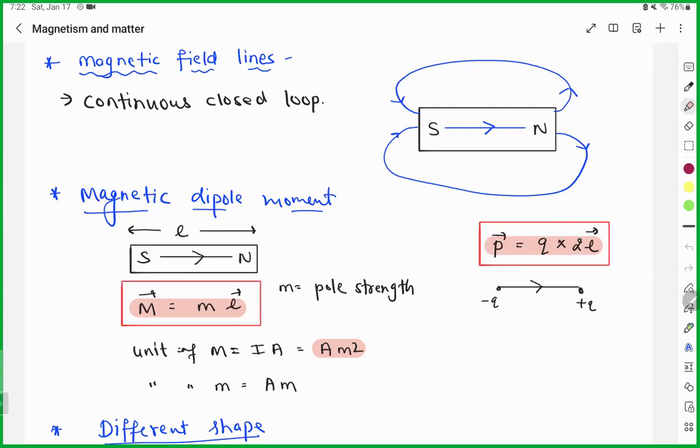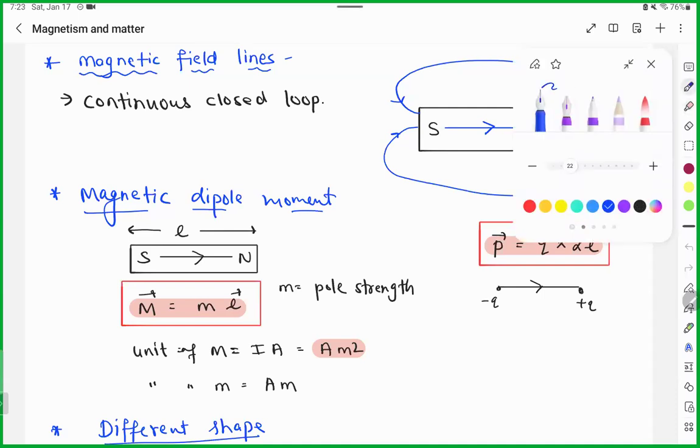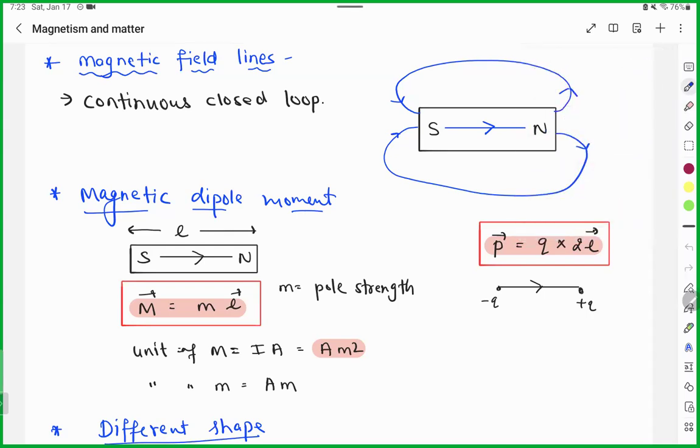In magnetic field lines, you have to compare with the electric field line. In electric field, you know electric field lines start from the positive charge and end at the negative charge. Same here. It starts from the north pole and ends at south.